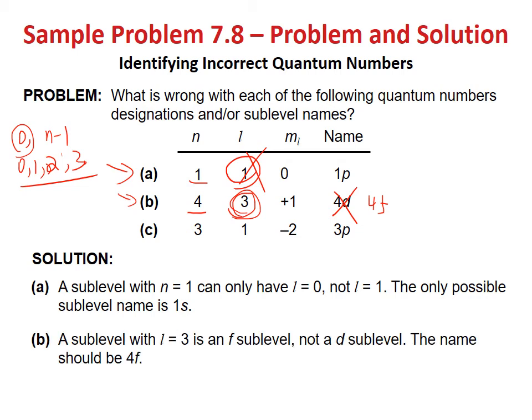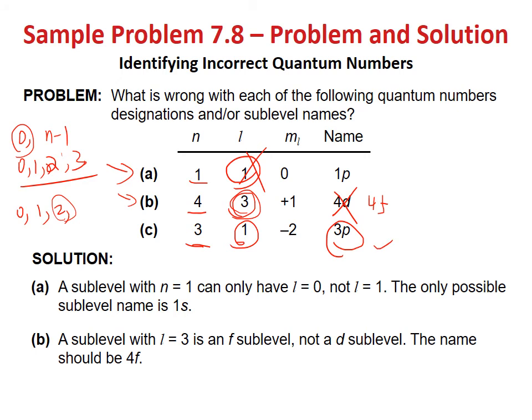Next one, when n equals 3, L can be 0, 1, 2, and that's it, because 3 minus 1 is 2, so 2 is the maximum. And 1 is one of the possible values, so that's correct. And when L equals 1, it should be called the p orbital, so it's 3p orbital, and that's all right.